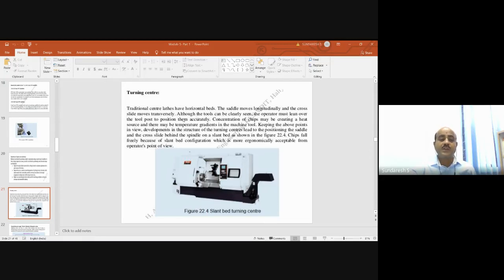In traditional lathes, the bed is generally horizontal, so they have made it a slant bed. Once you start machining, the chips which form start moving along the slant bed, and they don't stay across the tool post. This is the most important thing from the operator's point of view.